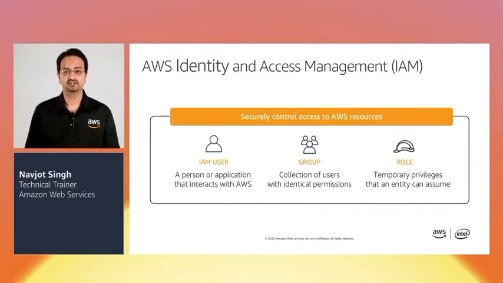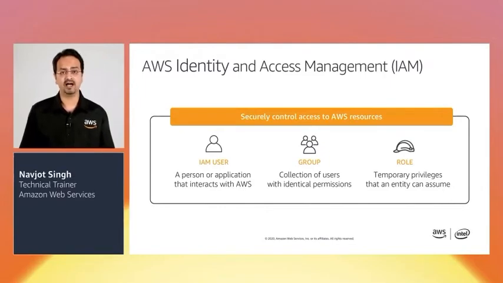IAM users can be created and we can authorize what actions an IAM user can perform inside the account. We can also create IAM groups and place the IAM user inside the group. We can then authorize what actions the group can perform inside the account. This removes some of the administrative burden of having to manage authorization at an individual IAM user level.